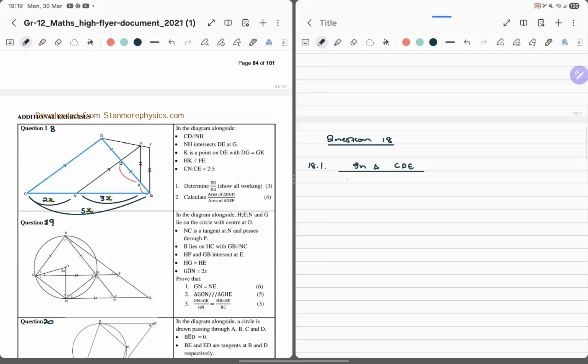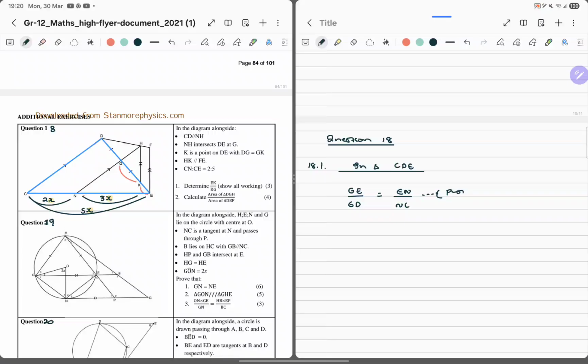Now, let's see, guys, what happens here. We don't explain much. We're going to say here, we know that GE over GD, or DG, must be equal to EN over NC.